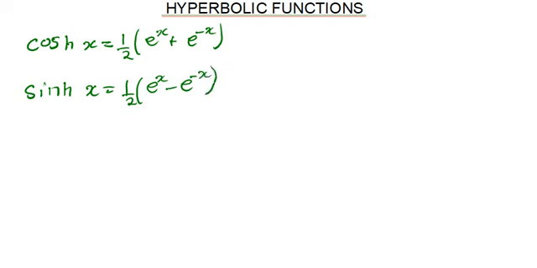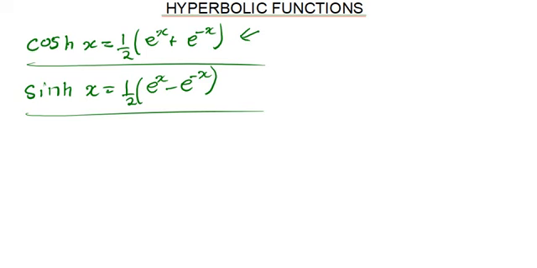Those are the basic definitions for hyperbolic functions. So if someone asks you to define the hyperbolic cosine, just give them this expression here. For the hyperbolic sine, that's the expression there.